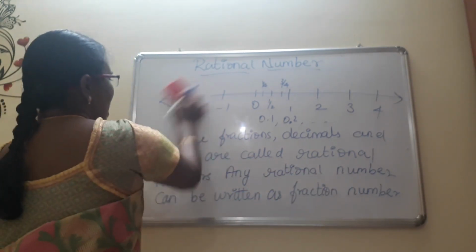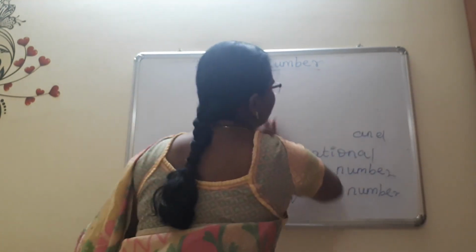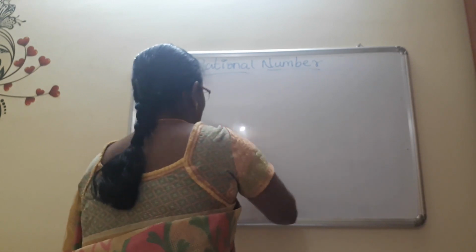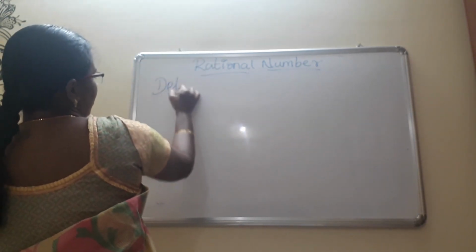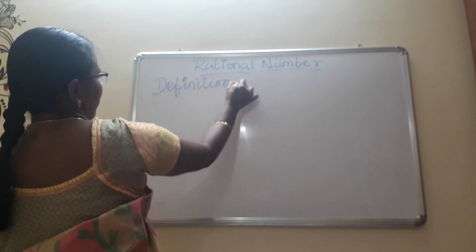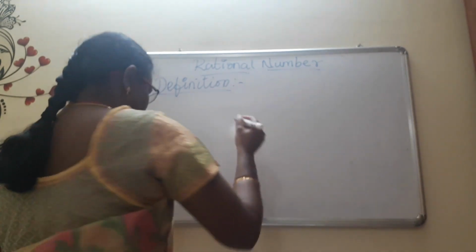Okay. Now I am going to say the definition of rational number. If you have a pencil or a pen and note, please note down the definition of rational number.